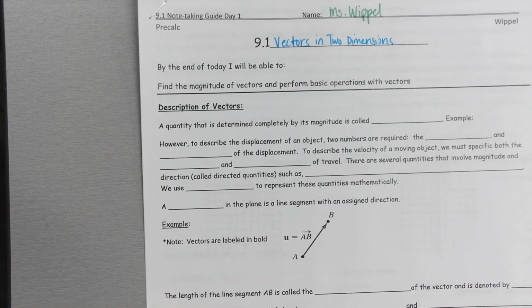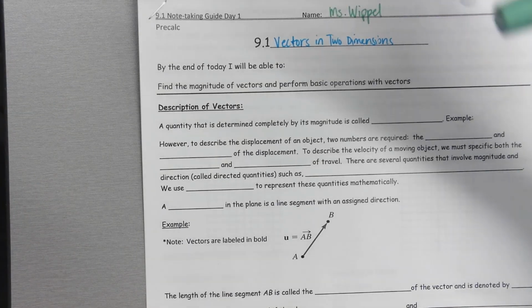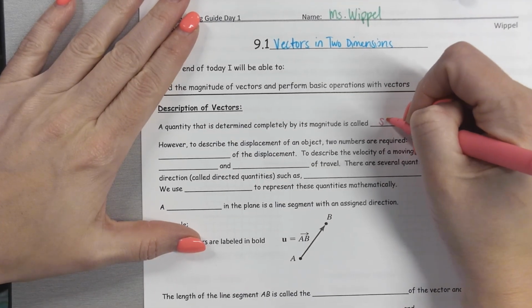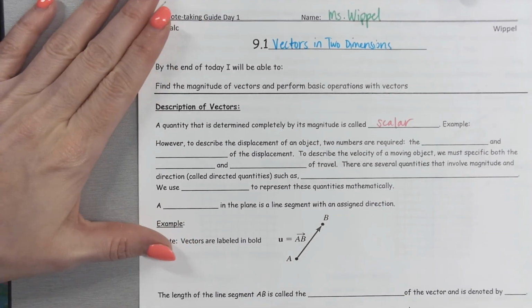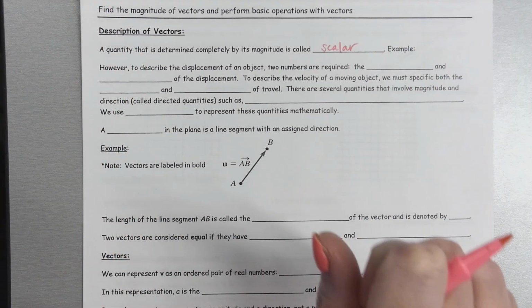Okay, so a vector is something that's defined by its magnitude, and sometimes this is going to be called scalar. So that means you're going to have one value it's assigned to.